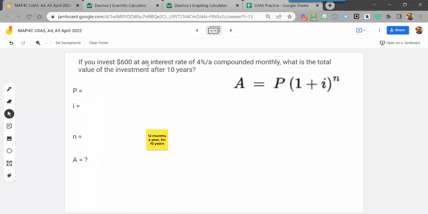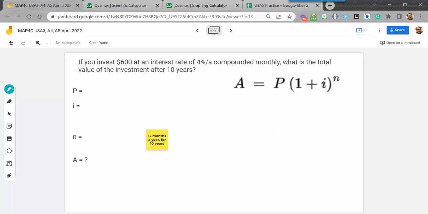If you invest 600 at an interest rate of 4% per annum compounded monthly, so now the interest rate can't be 4%, it's got to be 0.04 divided by 12 because we need to say we're only getting a piece of it each month. So let's work through a similar one, but we're going to compound monthly instead of yearly.